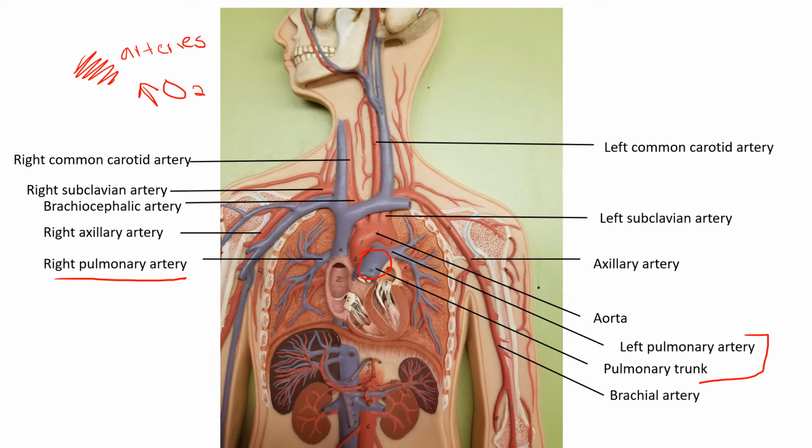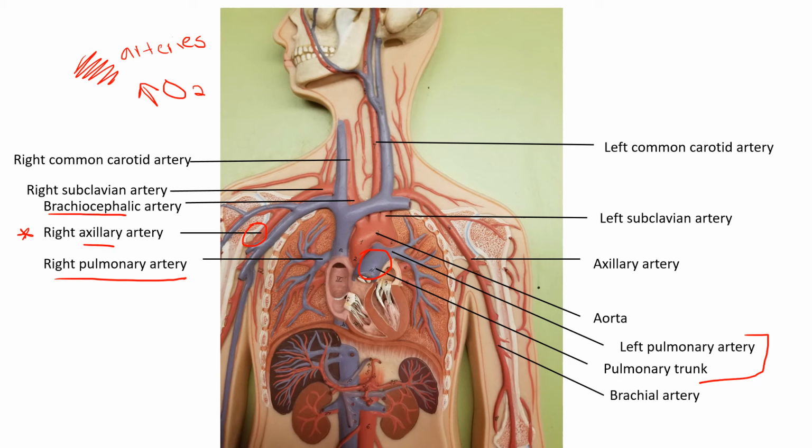And if you didn't guess, most of these names are going to be anatomically where they're going to, or where they are, or sometimes where they're coming from, where they are in the body. For example, the right axillary artery is an artery found in your armpit, because axillary means armpit.